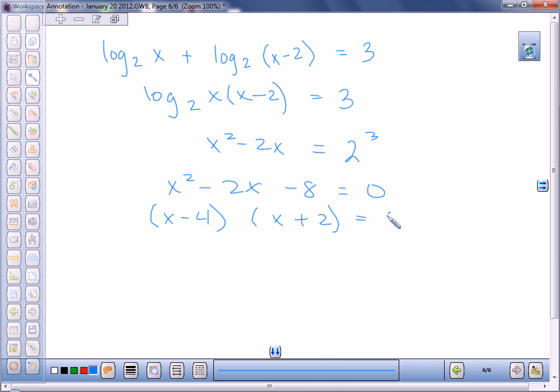What are my possible values for x? 4 or negative 2. Now, we always have to look back up at our original equation. Can x have a negative value here? Is there any way to raise 2 to a power and get a negative number? No. So that is not part of our solution. Our only solution is x equals 4.